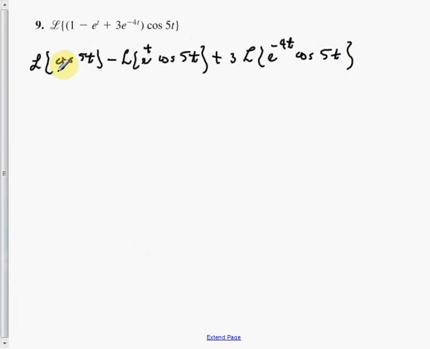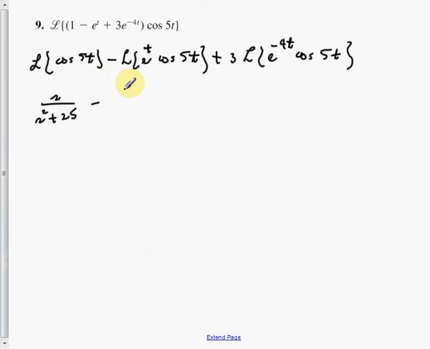Now, for the first Laplace transform we will not use the first translation theorem because there's no e to the at times that cosine. So we just take the Laplace transform of cosine directly. So this is s over s squared plus 25.